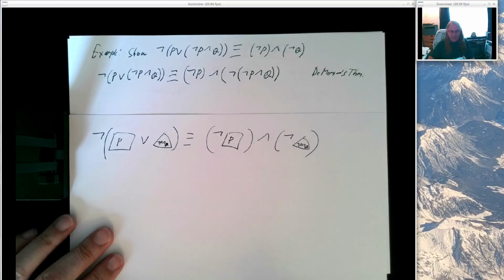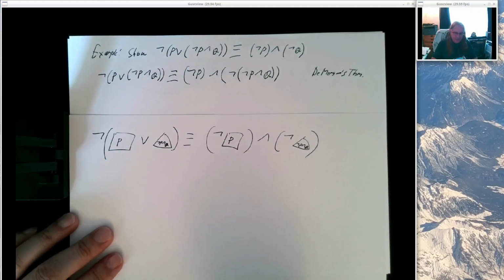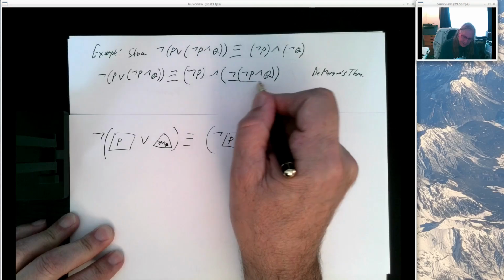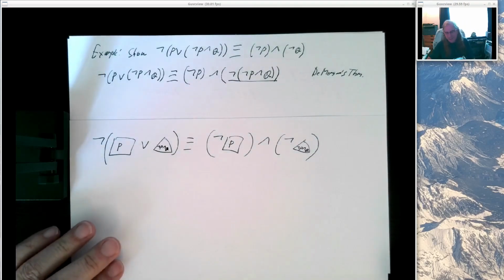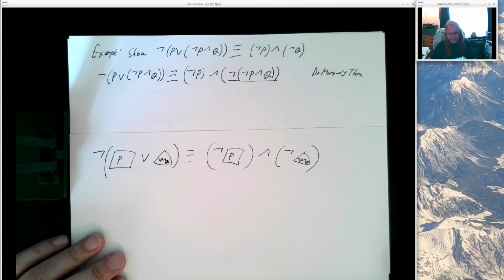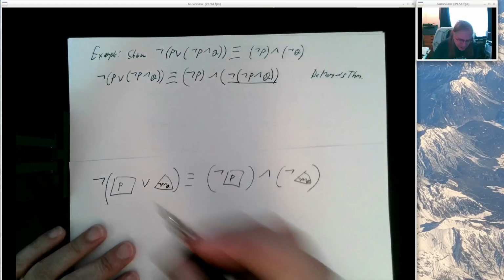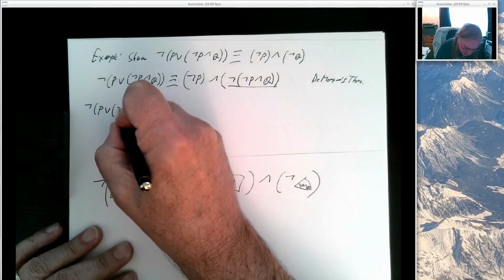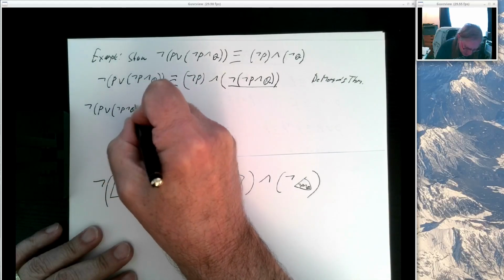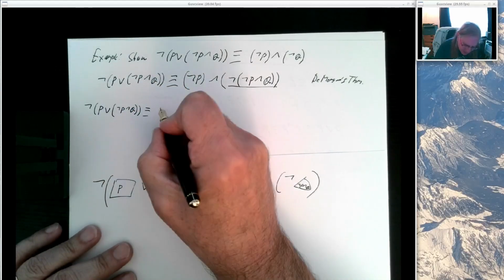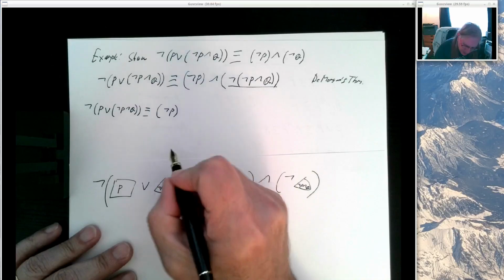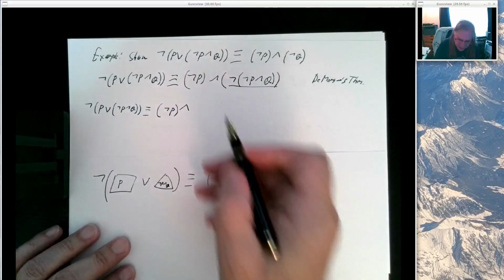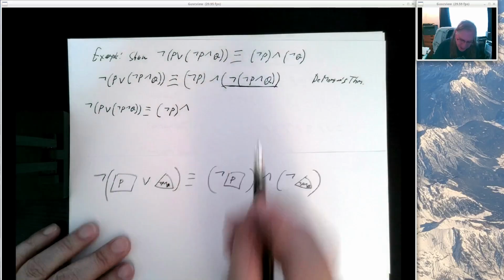Alright, I'm going to use De Morgan's theorem again. I'm going to use it on this piece of my expression. So I'm going to say not P or not P and Q is logically equivalent to negation of P ANDed with, and I'm going to replace this with some other expression.